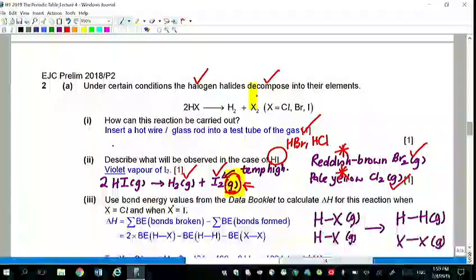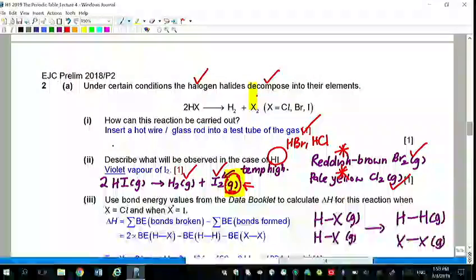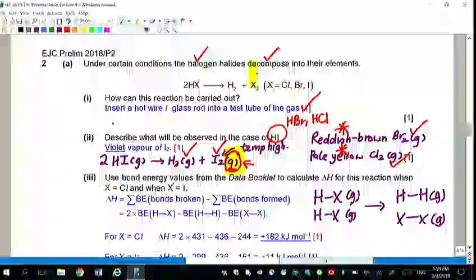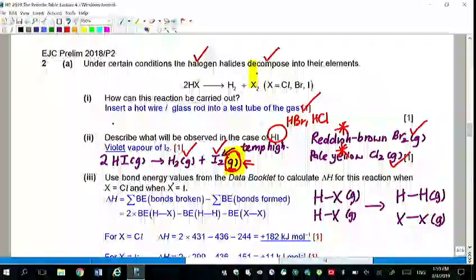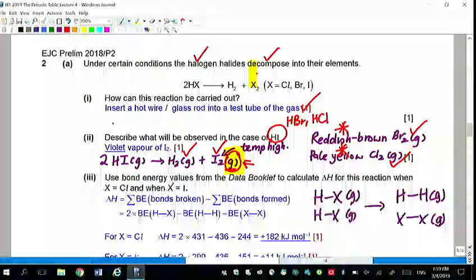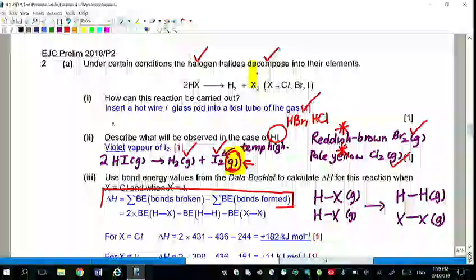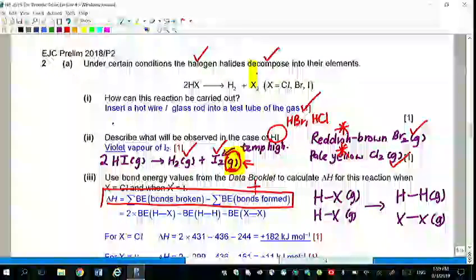Now, the next part is that you use bond energy from the data booklet to calculate delta H of the reaction. For this thermal decomposition, and not just for this question but for energetics in general, if I want to use bond energies to find the enthalpy change of the reaction, I know that it is the sum of the bond energy of the bonds broken minus the sum of the bond energy of the bonds formed.